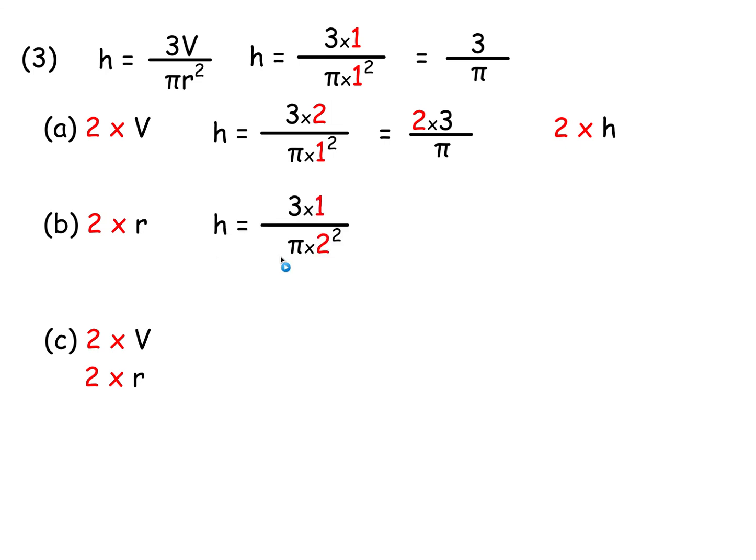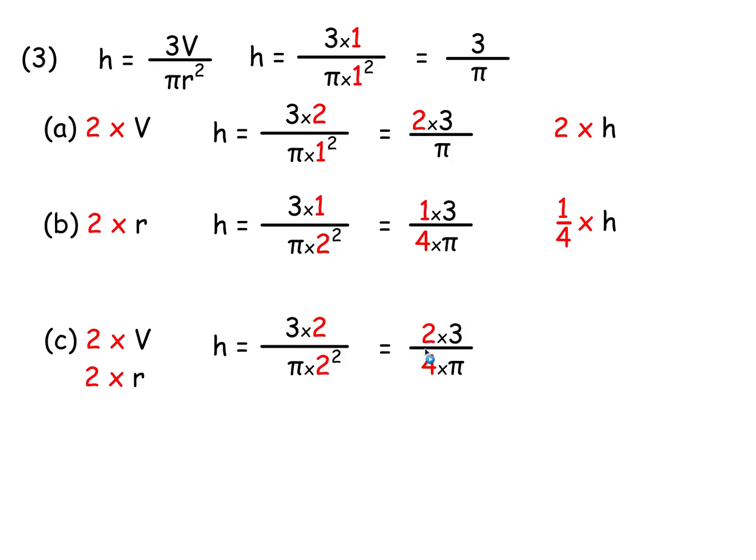Second one, doubling r. Now, that's v 1, and this time r's 2, but it's getting squared here, so that gives you 1 over 4, a quarter of the original 3 over pi. So we're trying to get multiples of this 3 over pi, so it's quartered the height. And this one we're doubling them both, so v's going to double and r's going to double. 2 over 2 squared. 2 squared is 4, that's 2 over 4. 2 over 4, well that's a half.